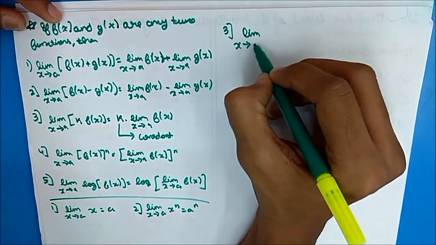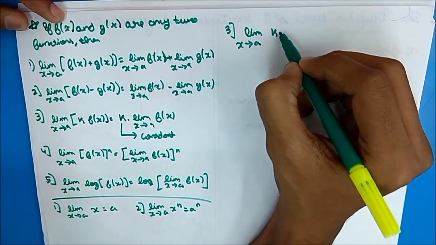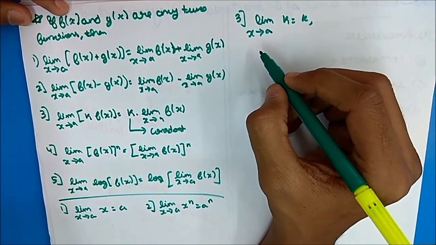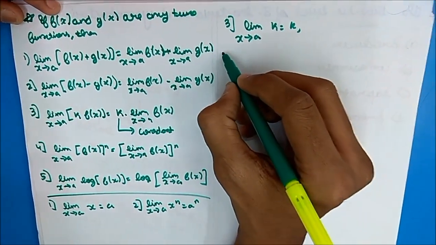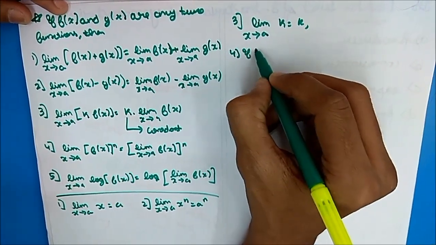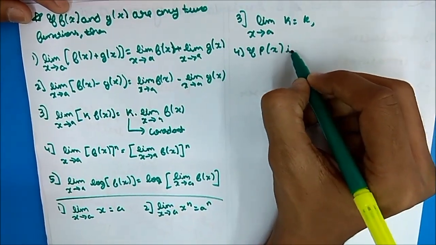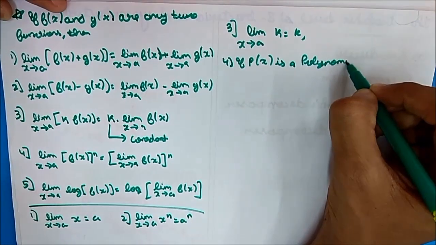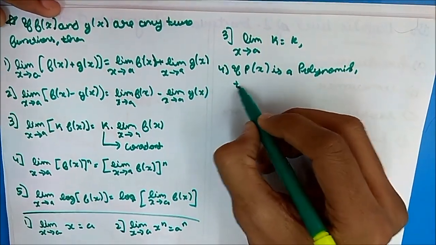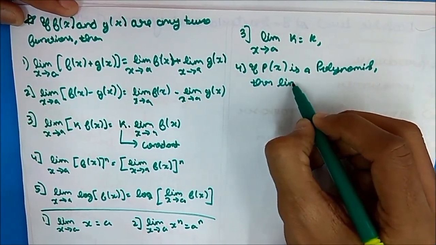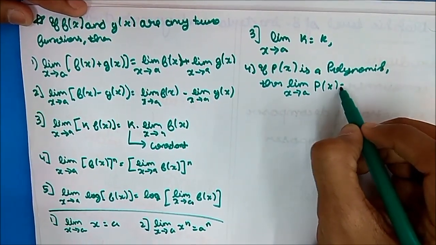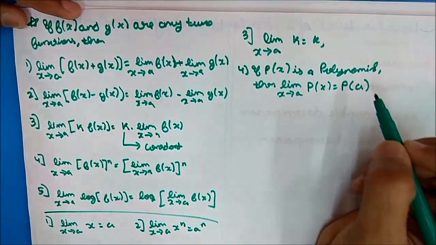Limit x tends to a of k is k, that's a constant. And if p of x is a polynomial, then limit x tends to a of p of x is p of a.